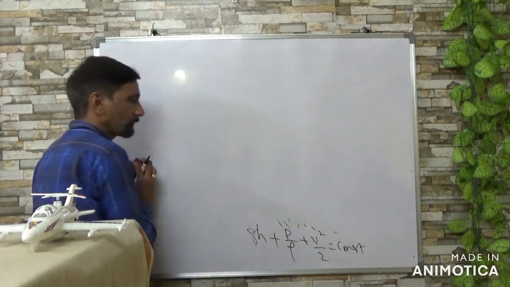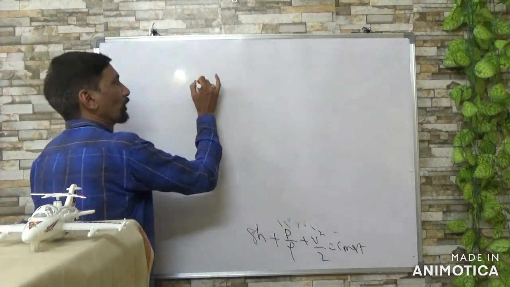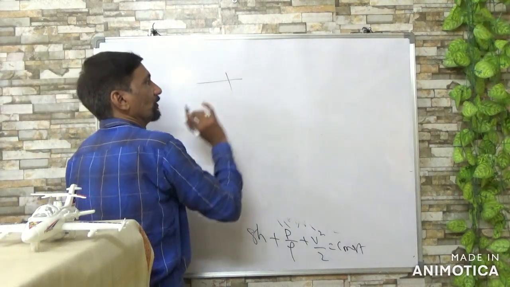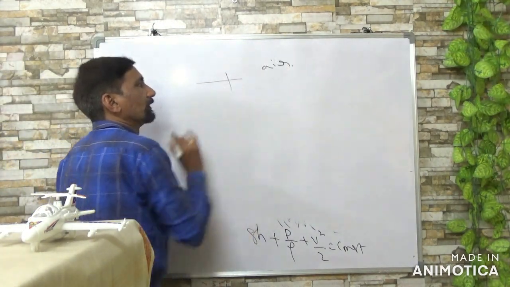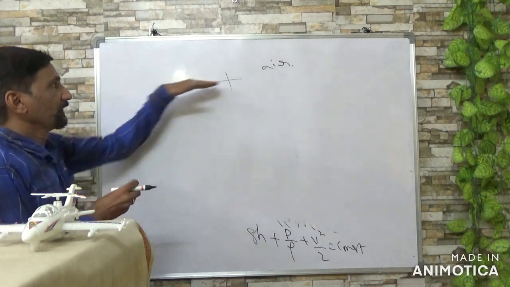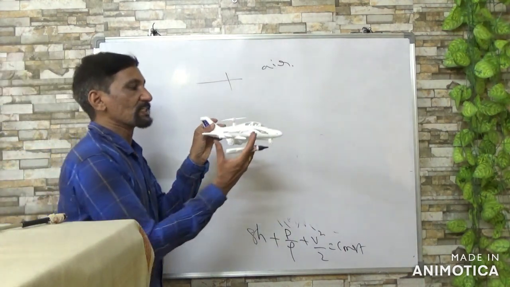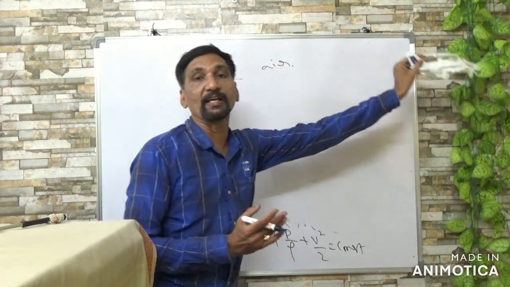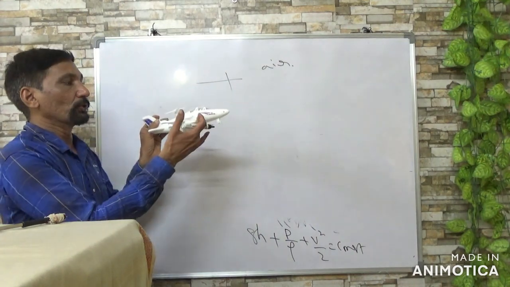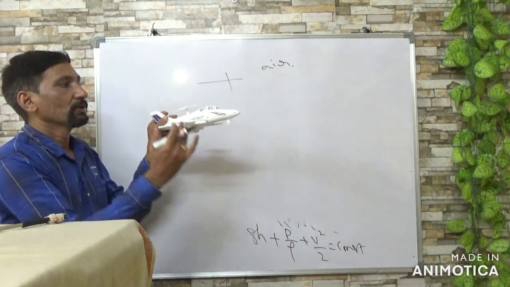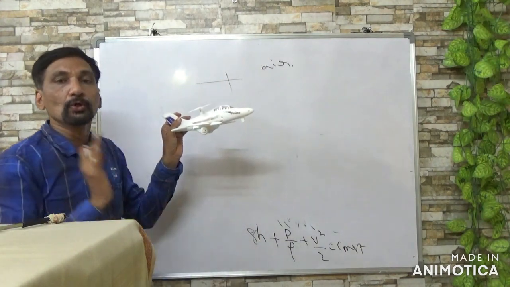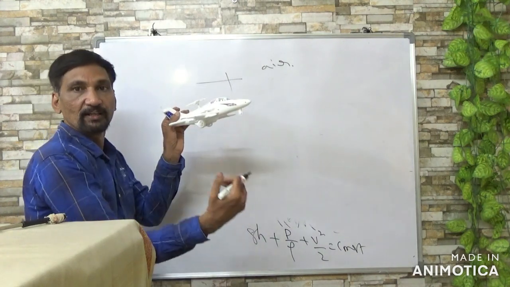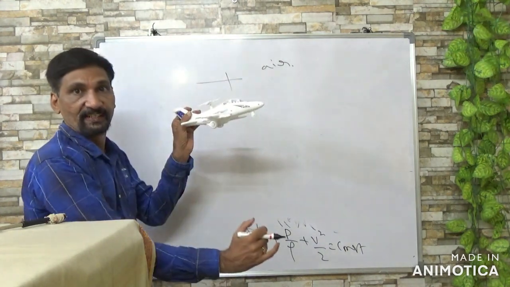Now, let us suppose there is an aeroplane moving horizontally in a fluid, nothing but air, right? So when it is moving in air, these wings play a very important role. Due to these wings, the air is divided into two layers of different pressure and different velocity.